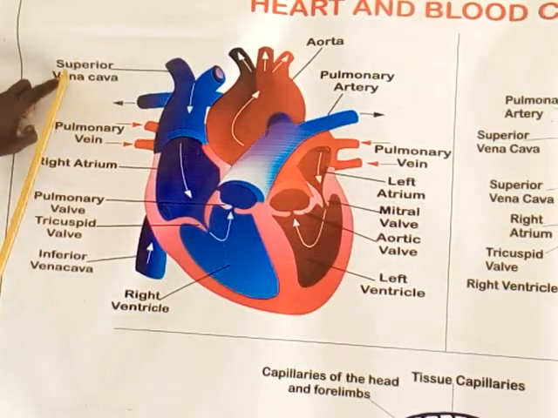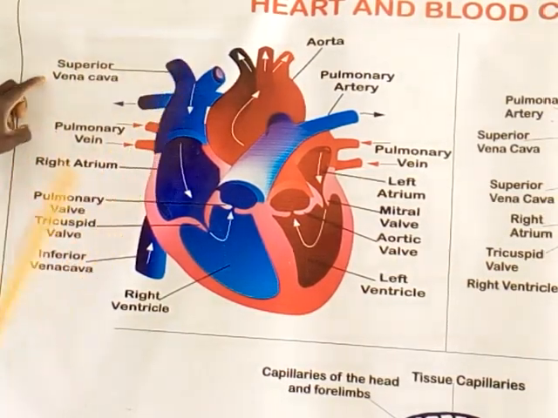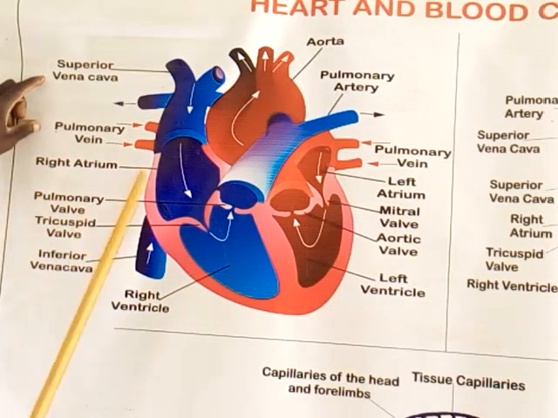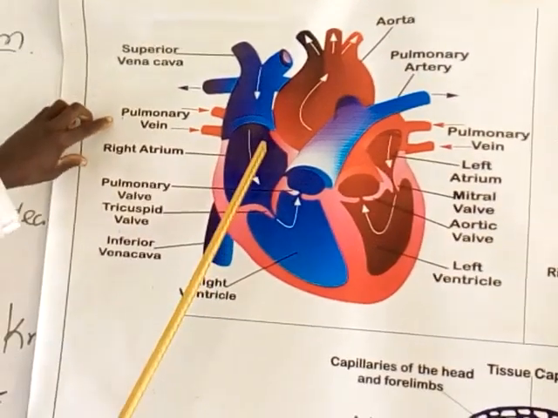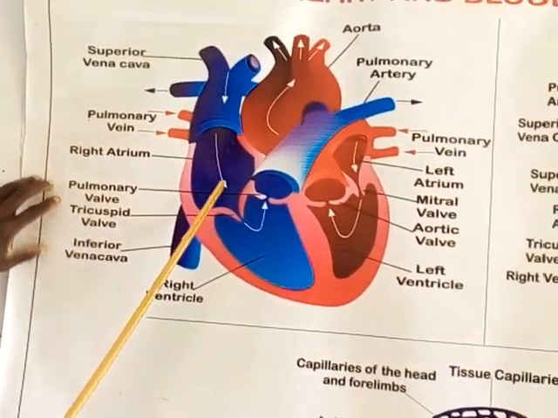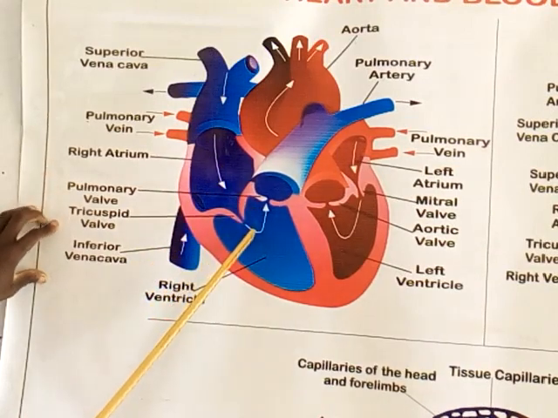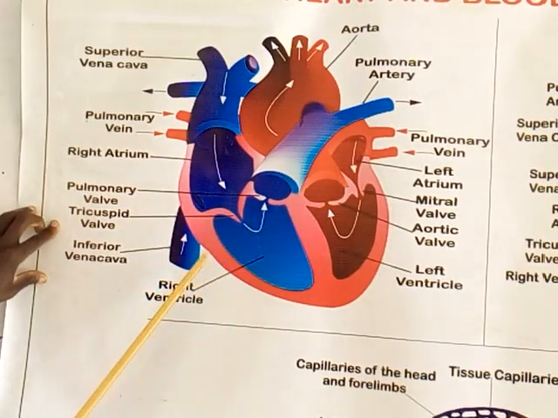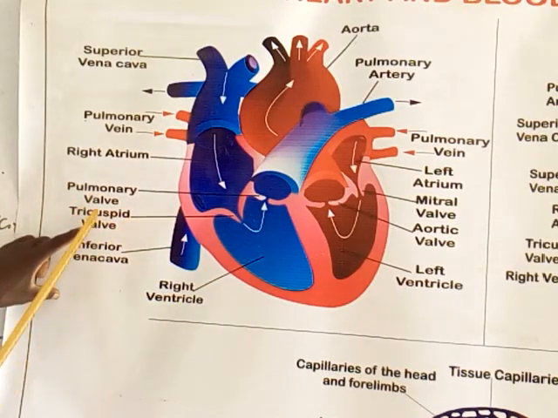Okay, now this is the internal part of the heart, which we said is composed of the vena cava, whose function is to allow deoxygenated blood from all the parts of the body except the lungs to get into the heart. Then, after getting to the heart, it flows to the right ventricle via the tricuspid valve.